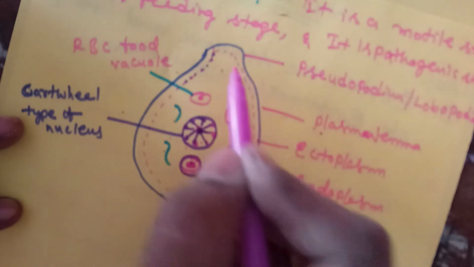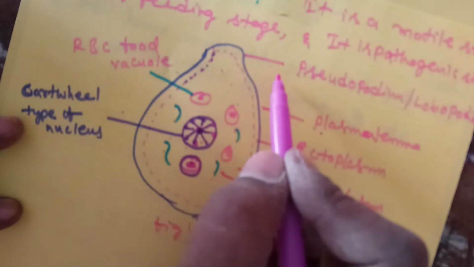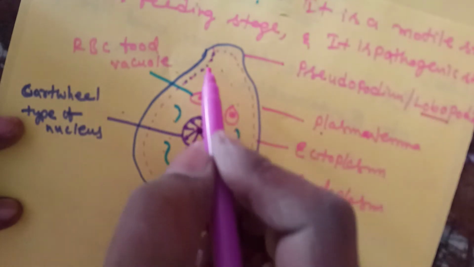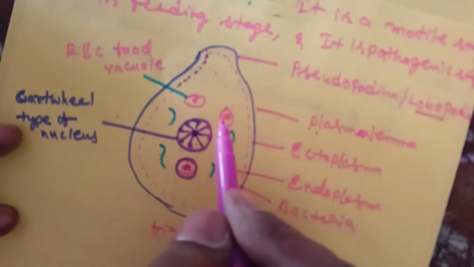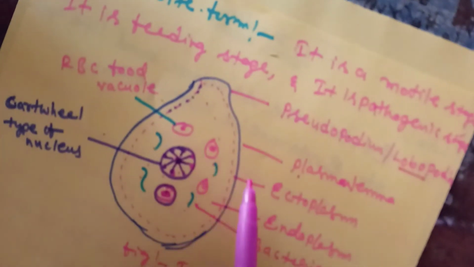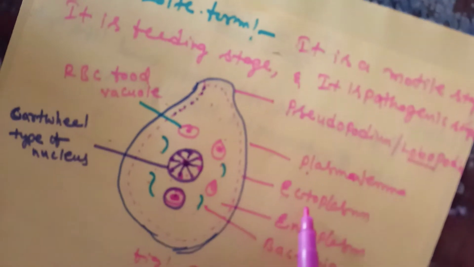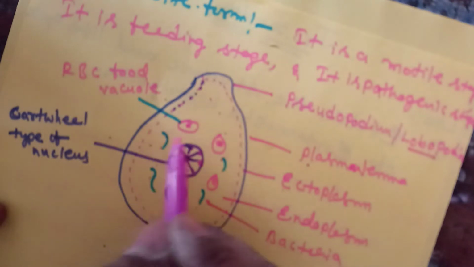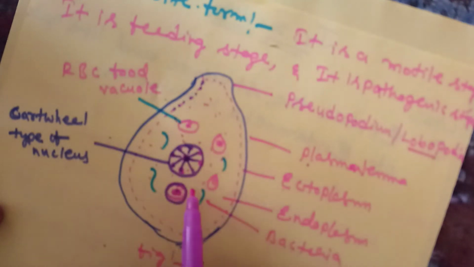At the anterior part a blunt-like pseudopodium is present, called lobopodium type. The cytoplasm is divided into two categories: the outer part is called ectoplasm, non-granulous, and the endoplasm has many granules.